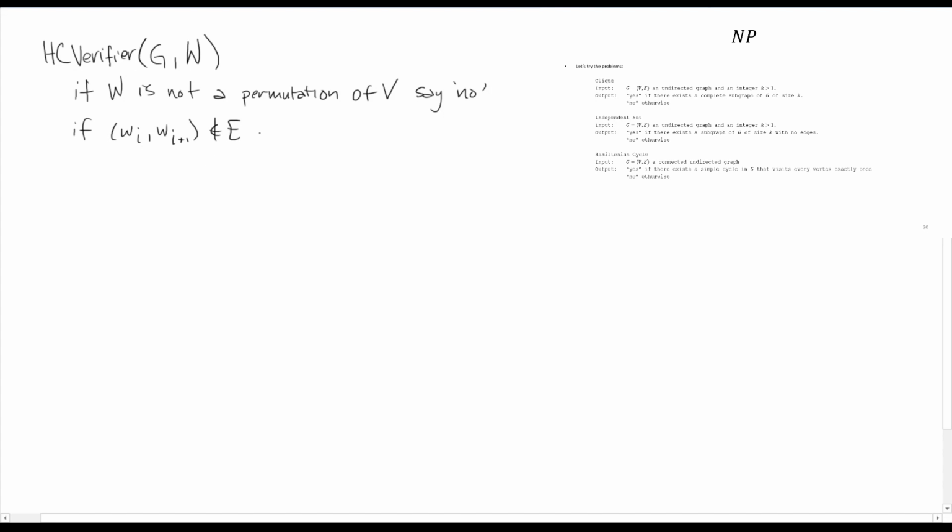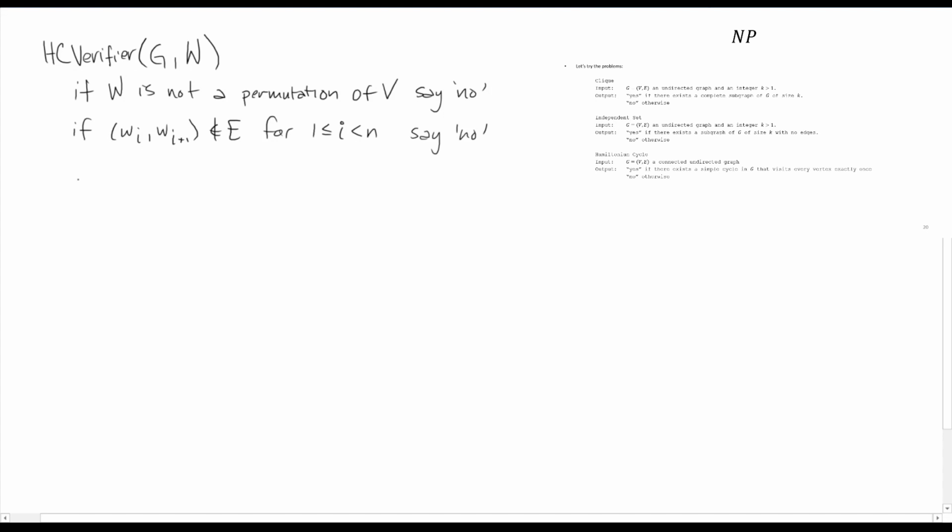If they don't have an edge between them for any of the i's, where i is in the range starting at 1, the first one in our permutation, to the second, third, and so on, all the way up to but not including the last one, n, since there is no n+1, then we'll say no.